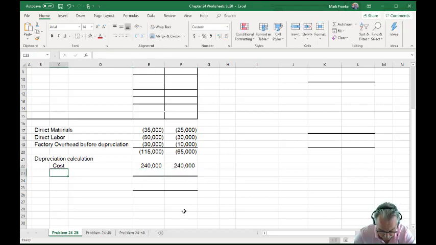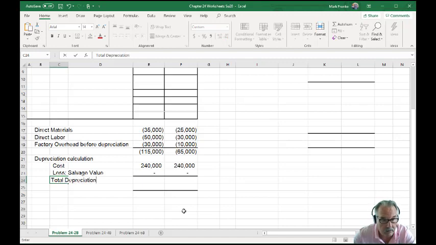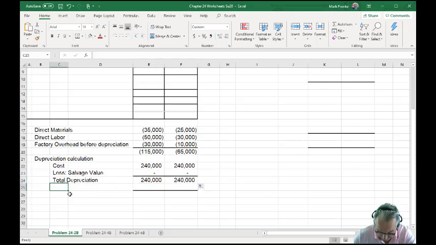There is no salvage value, but I'm going to put salvage value in as 0 just so the reader knows that I did consider it. So the total depreciation is $240,000 because there's no salvage value.